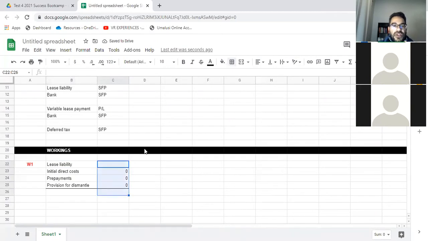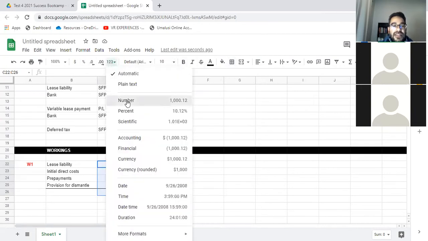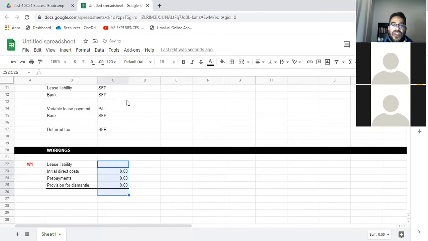So remember, like I said, when an examiner sets a question paper, they don't set time for thinking, because the thinking had to have happened before. So this is how you don't think in an exam, because your brain is trained to think in a certain way. So when your brain sees right of use asset, automatically what goes through the mind is a right of use asset includes those 4.